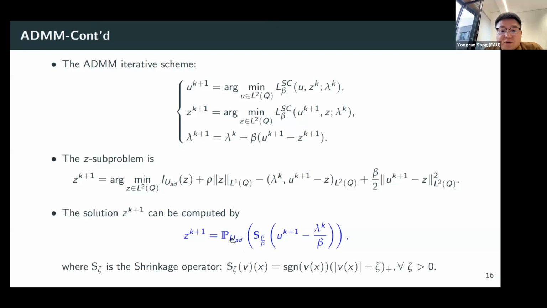Here P is a projection onto the set U_ad. Because U_ad is very simple, the projection can be easily computed. And here S is the shrinkage operator, a very well-known operator for dealing with L1 regularization, defined in this form. So we can easily compute the update of z^{k+1} by this formulation.